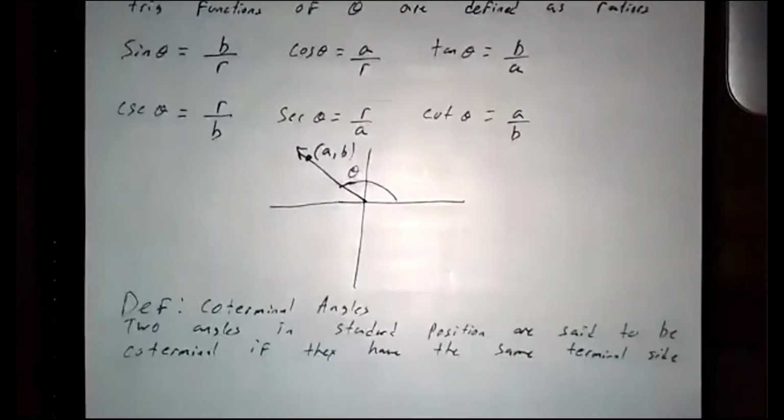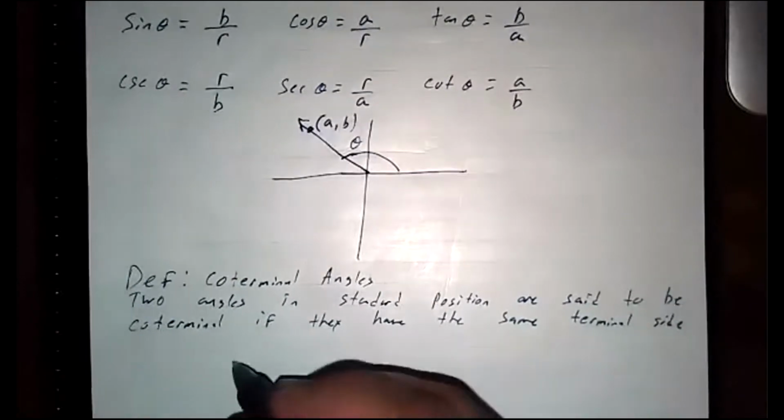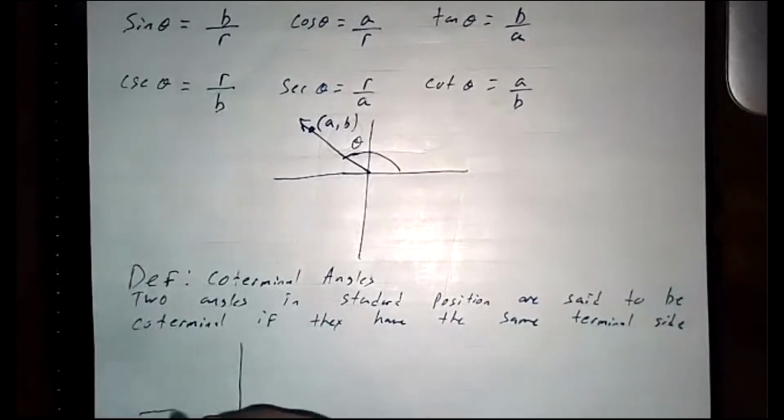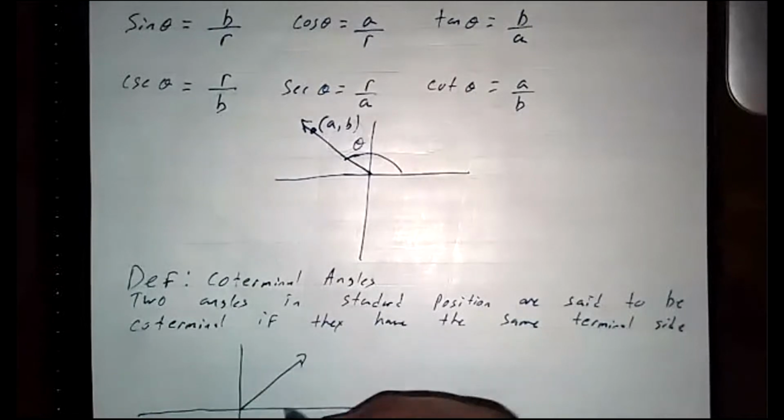So basically, you know how we can go around a circle over and over again and land in the same place. So that's what we mean by same terminal side, okay? So like, let's draw some circles here. So this is the 45-degree angle.